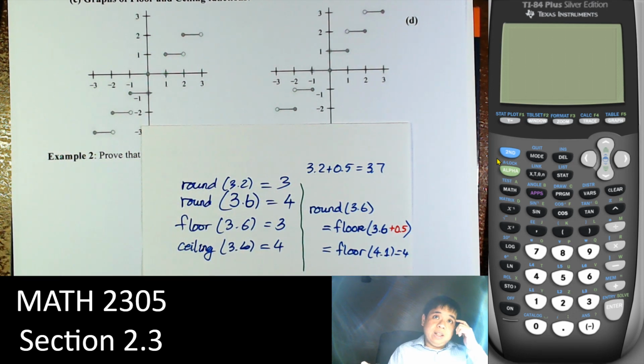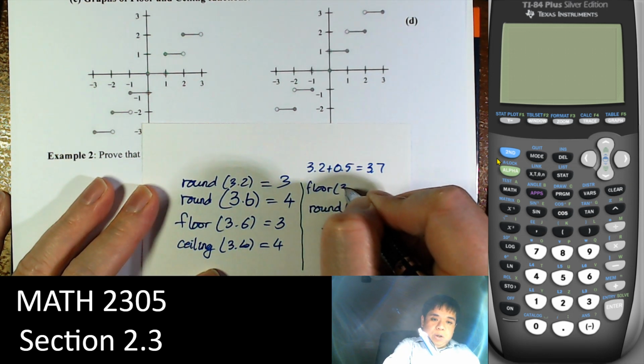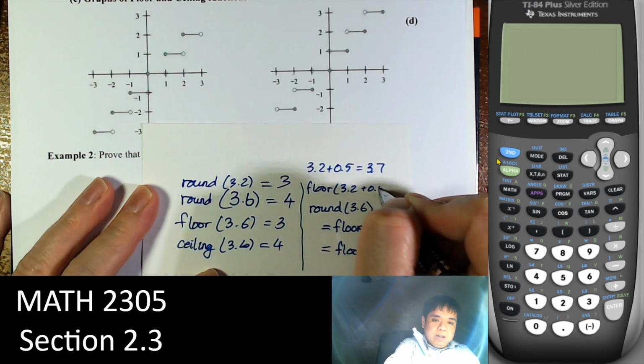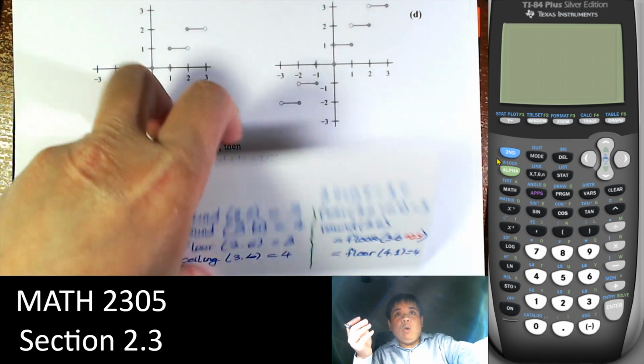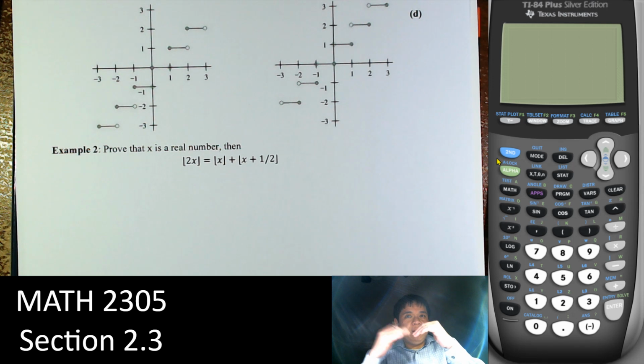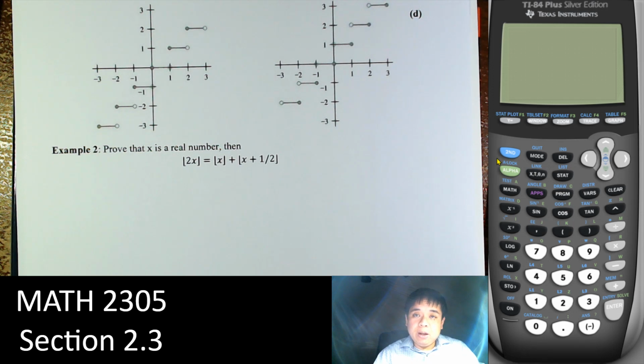We don't have to do anything, right? So if we do the floor of 3.2 plus 0.5, that's still 3.7, still 3. So adding 0.3 will be the same. If it's less than 0.5 it stays, and if it's more than 0.5, it will go to the next integer when we talk about rounding, or even the floor of a number. So let's just try.